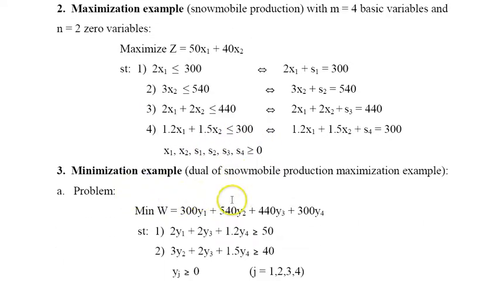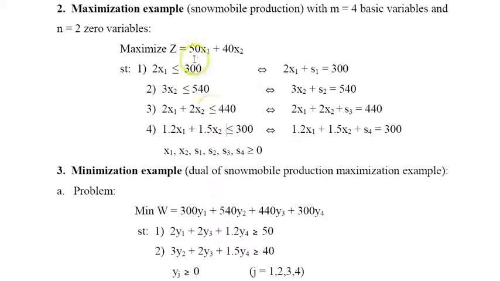Now if I have a minimization problem, instead of giving you a new example, I want to take the same problem we had here and write something called the dual of this problem. The dual is created by minimizing a w, where for each constraint I have a corresponding variable, y1, y2, y3, y4.